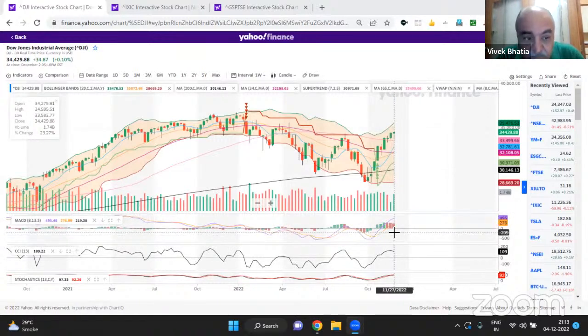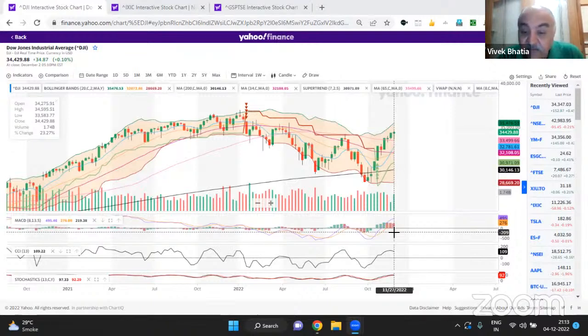With these three things in mind, also realize stochastic has still not crossed down in the bearish mode. But at a level of 97 and 92, still bullish, but in the overbought position.